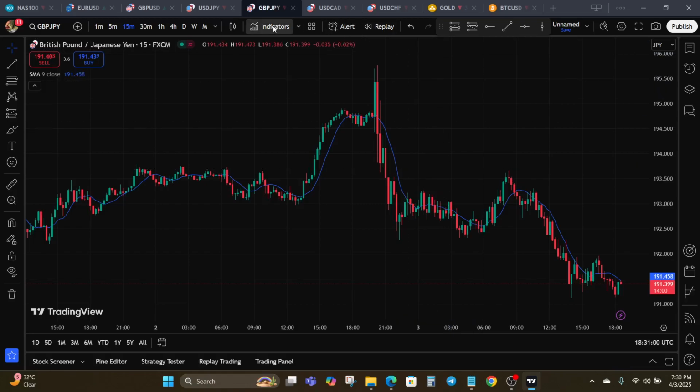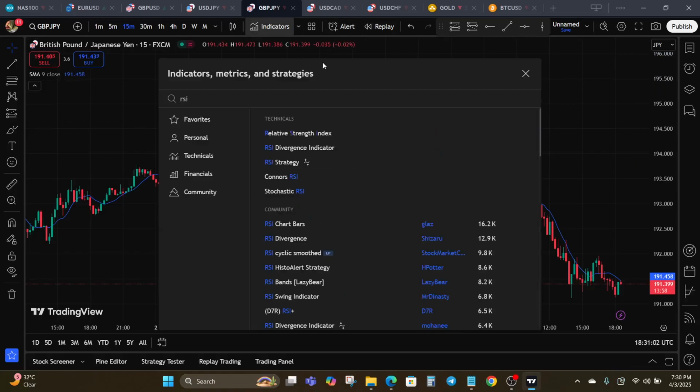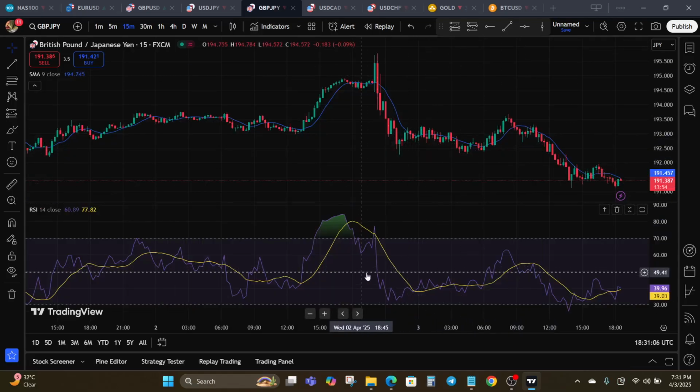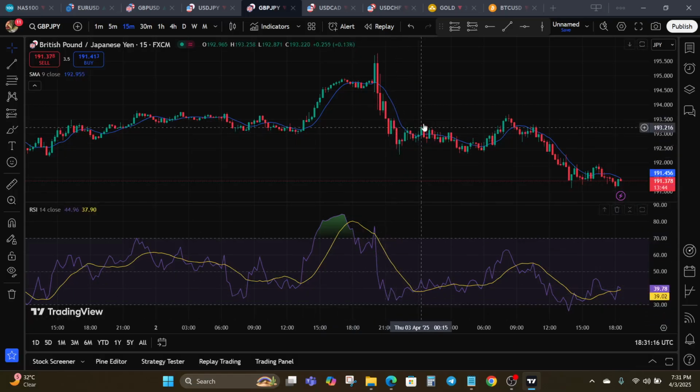Then the relative strength index is a momentum indicator that helps us identify when a currency pair is overbought or oversold. By combining these two tools, we can spot great trade setups while filtering out noise and false signals.